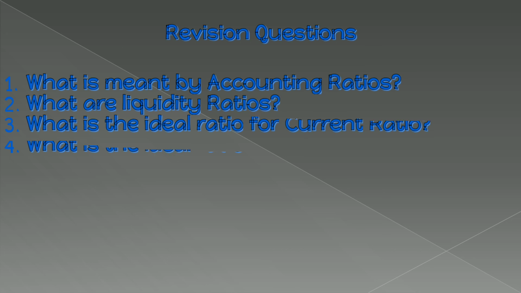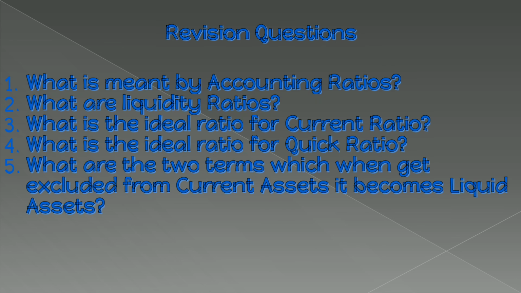Okay. Now some review questions. जितना भी मैंने बताया उससे कुछ क्वेश्चंस है, आप लोग ट्राई करिए आंसर करने का. सोचिए क्या हो सकता है आंसर. व्हाट इज मीन्ड बाय अकाउंटिंग रेशियोज. व्हाट आर लिक्विडिटी रेशियोज. व्हाट इज द आइडियल रेशियो फॉर करंट रेशियो. व्हाट इज द आइडियल रेशियो फॉर क्विक रेशियो.